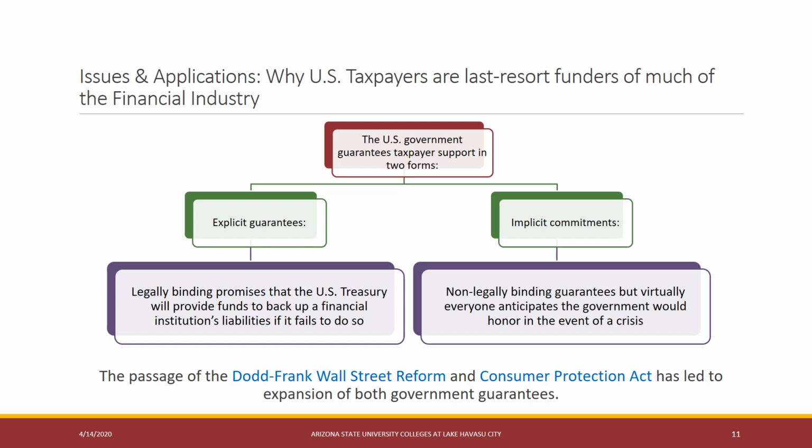Implicit commitments are non-legally binding guarantees, but virtually everyone anticipates the government would honor them in the event of a crisis. The passage of the Dodd-Frank Wall Street Reform and Consumer Protection Act has led to the expansion of both of these government guarantees.